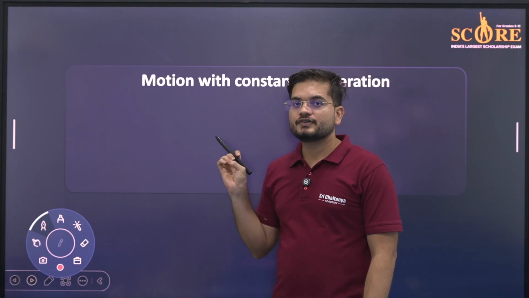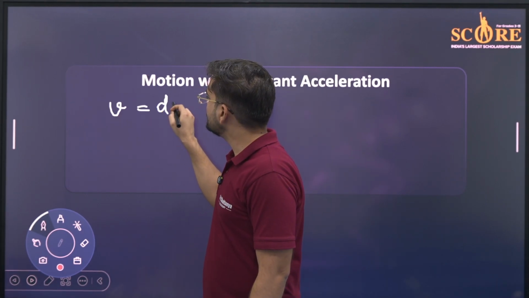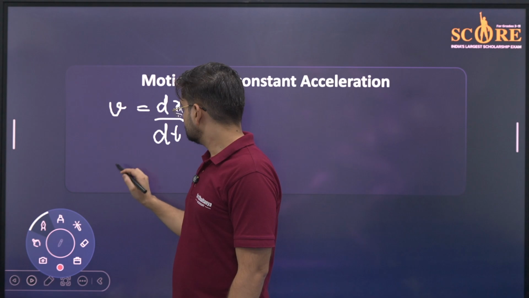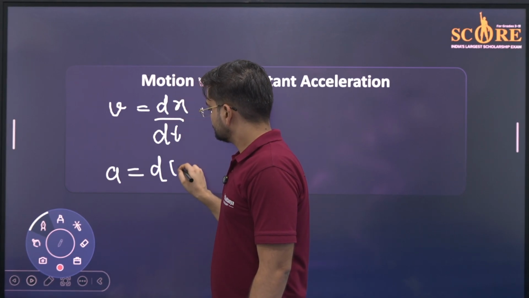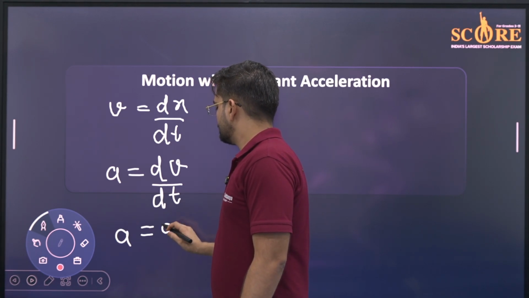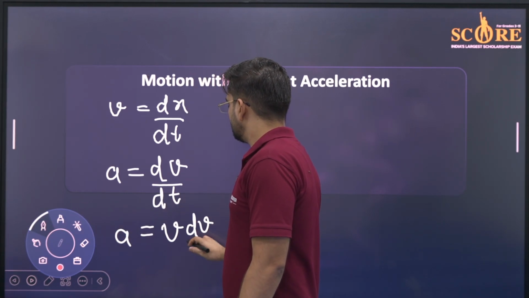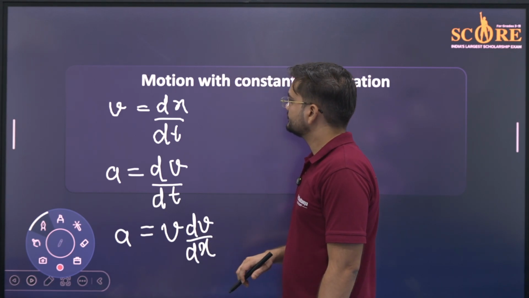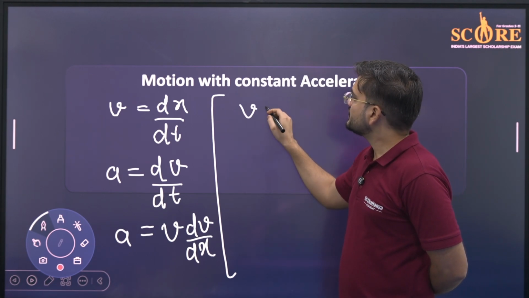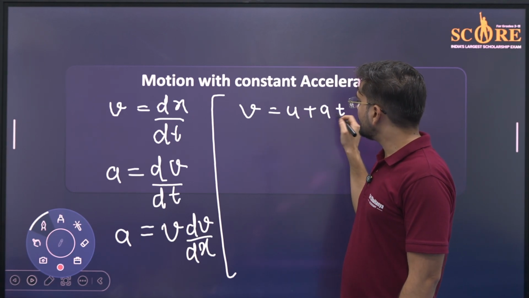If a particle moves with constant acceleration, by using the equations v is equal to dx by dt and a is equal to dv by dt, or a is equal to v dv by dx, we derive 4 equations. The one is v is equal to u plus at.